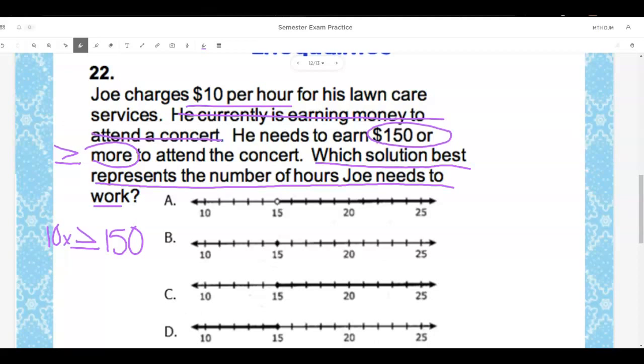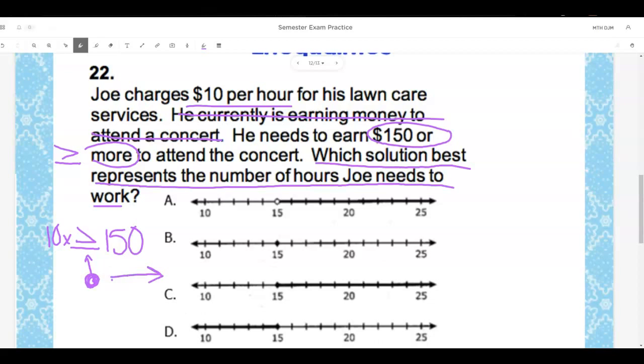But they already did the math part for us. Okay, all these answers have their point on 15. But I need to look for something that's a closed circle because it has the equal sign with it. So closed circle, and it has to be going in the direction of my inequality, greater than.